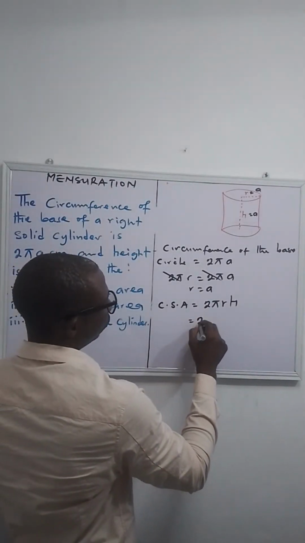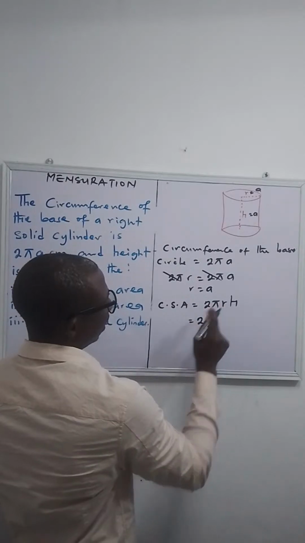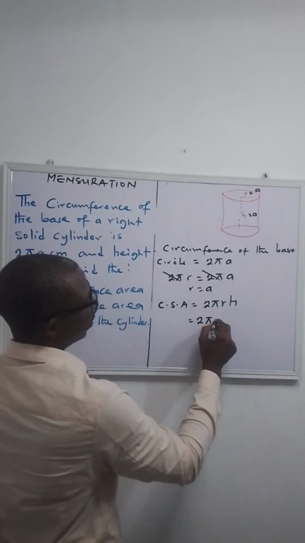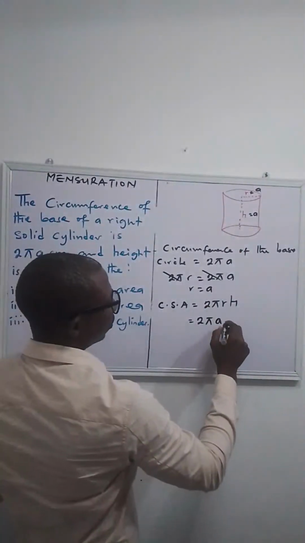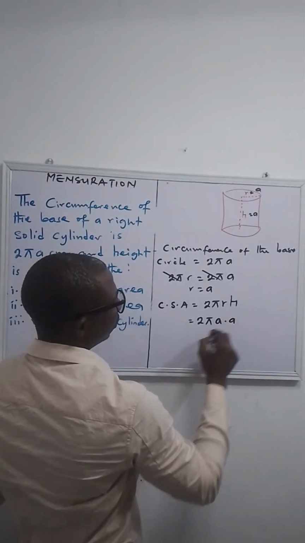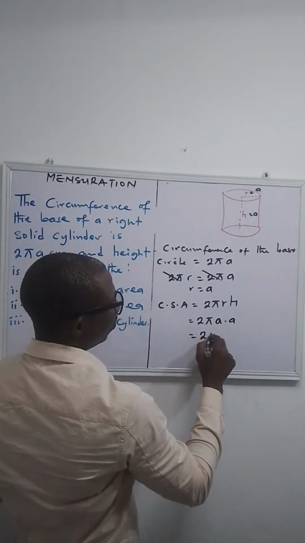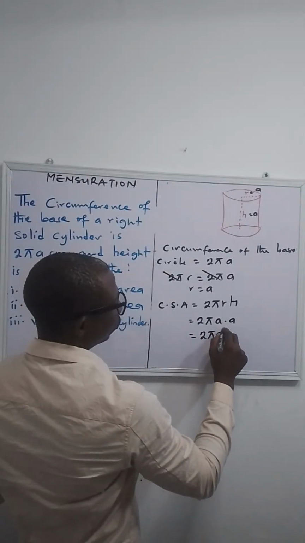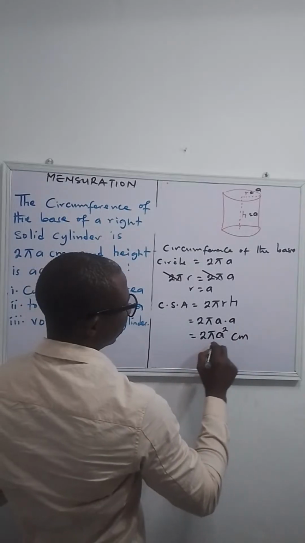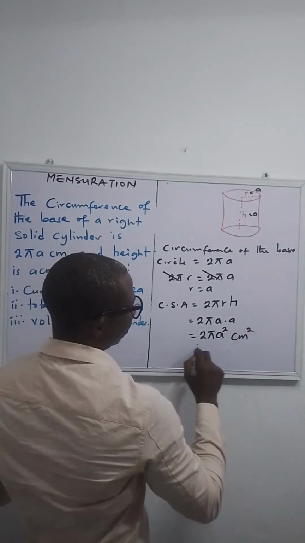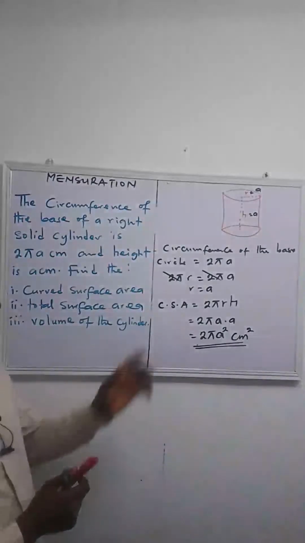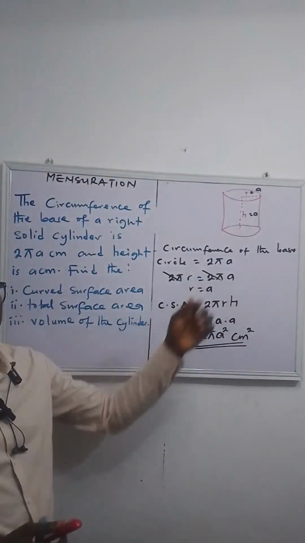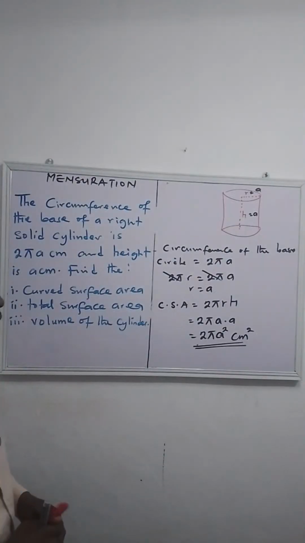So we have 2 pi and the r is a, and also h is a, so we have times a. So the answer is going to be 2 pi a square in centimeter square. So now this is the curved surface area of the cylinder. I hope you understand that.